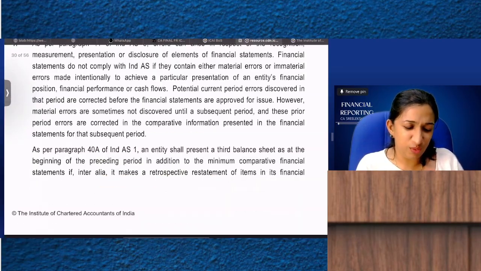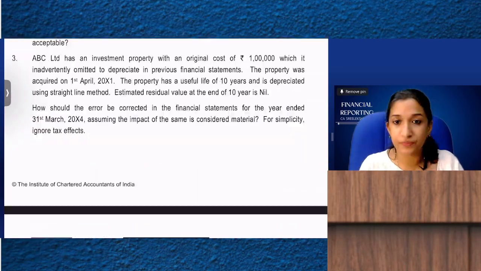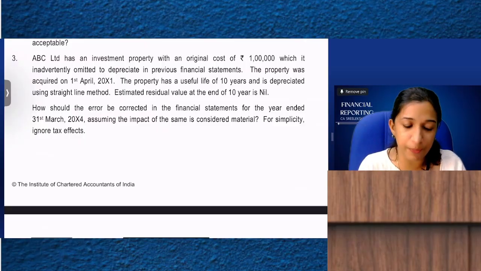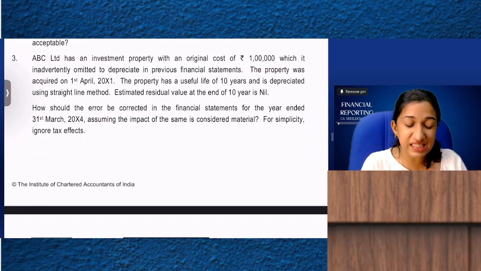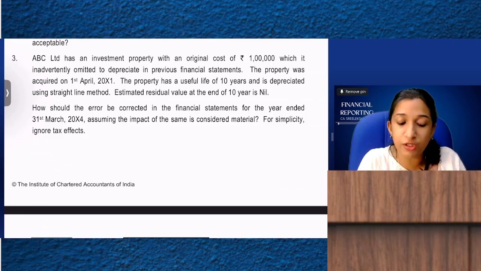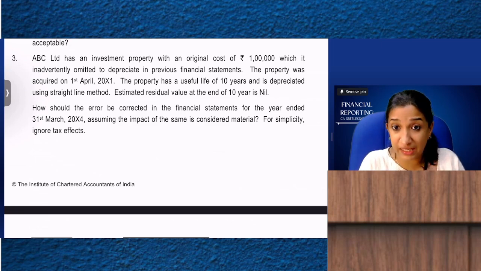Now the third one also we'll quickly read. ABC Limited has an investment property with an original cost of 1 lakh, which it inadvertently omitted to depreciate in previous financial statements. Error. The property was acquired on 1st April 11. The property has a useful life of 10 years and is depreciated using straight line method. Residual value is nil.